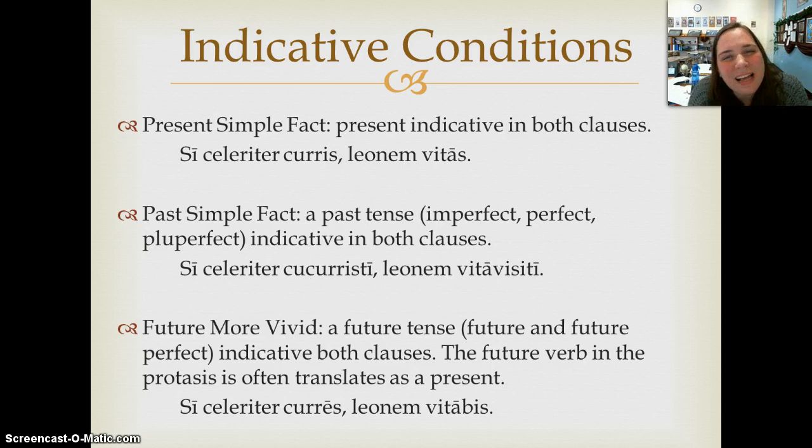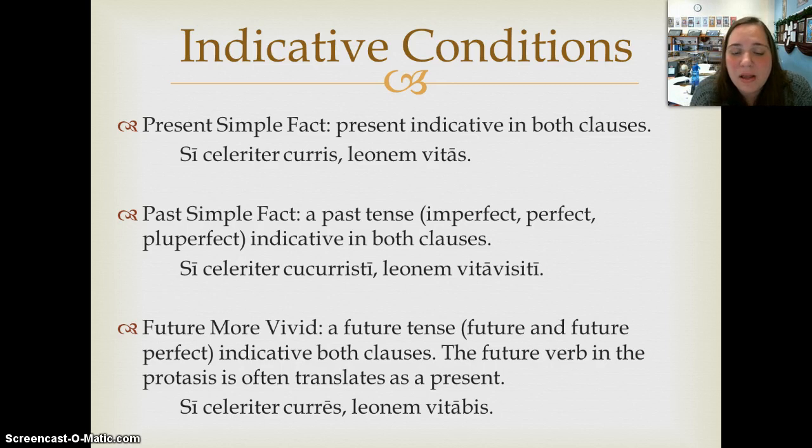One little hint to make this sound good in English: in the protasis, the future verb often translates as a present. For example, si celeriter curres, leonem vitabis. If you run quickly, you will avoid the lion.